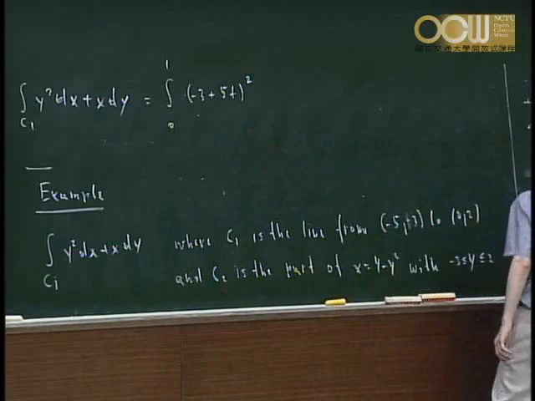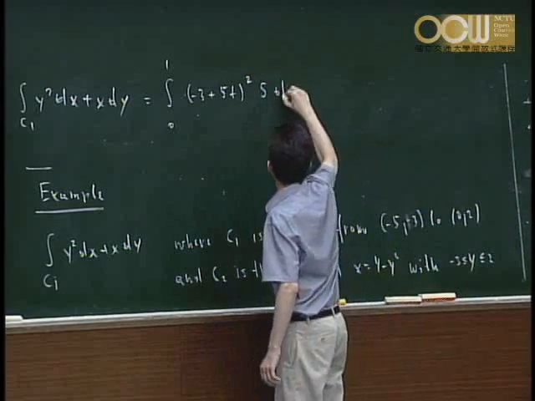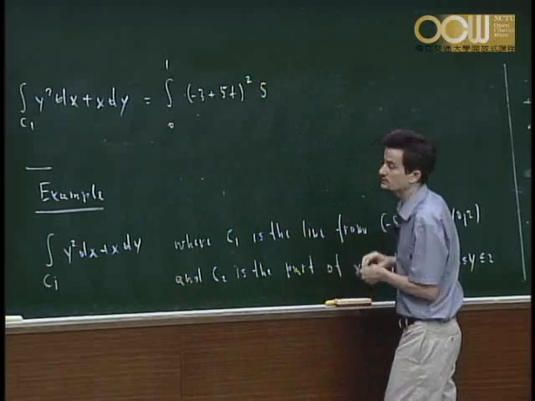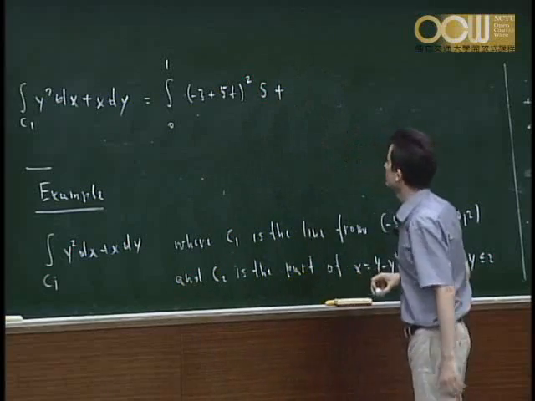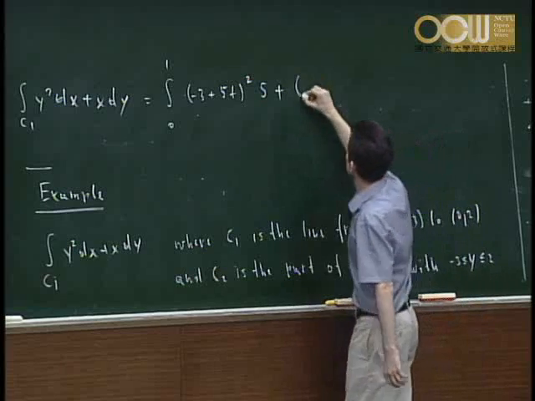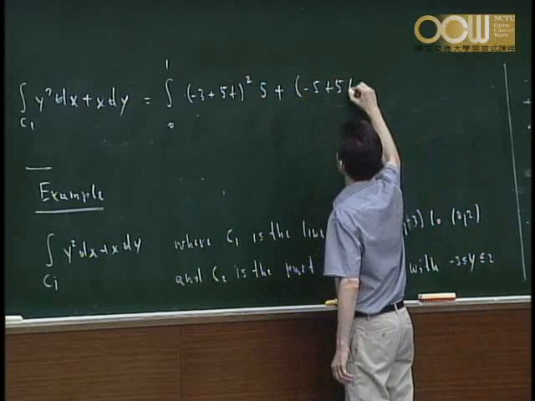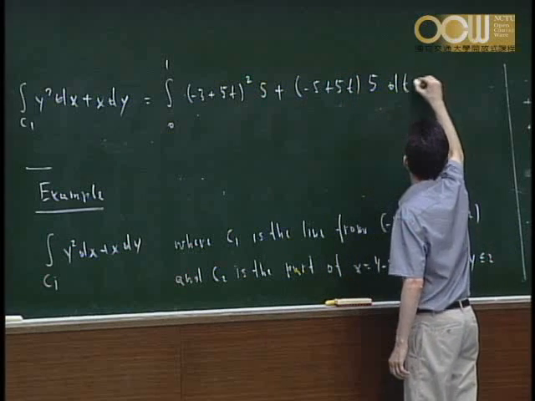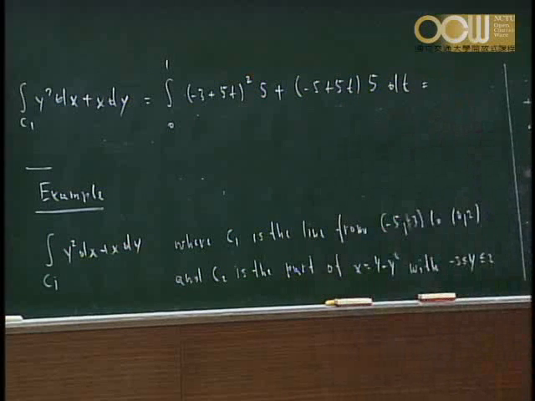But dx is 5 dt, plus x, which is minus 5 plus 5t, and dy is also 5, and then everything dt. If you compute this, you get the value minus 5 over 6.